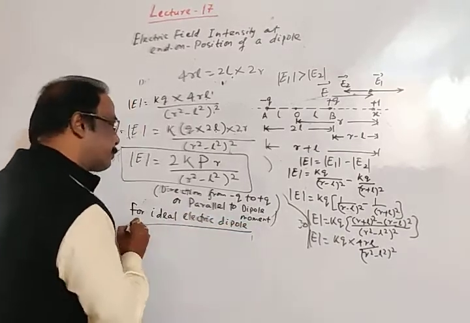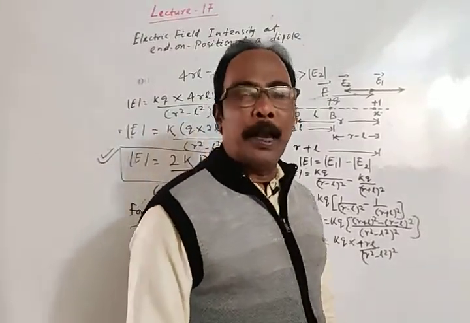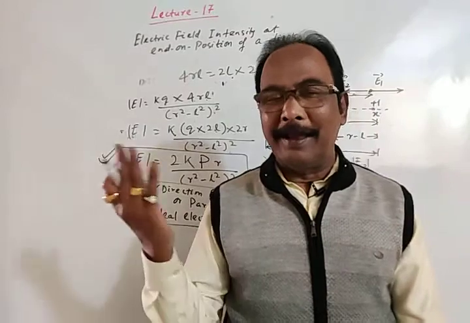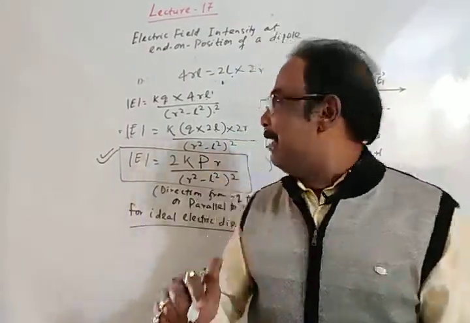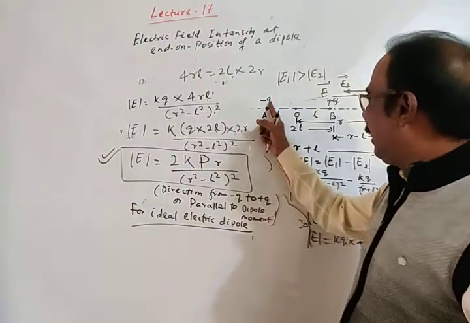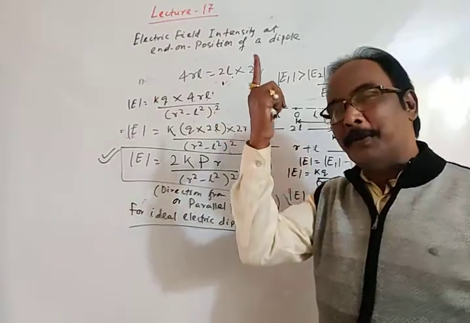as we have discussed, generally an electric dipole consists of two equal and opposite charges separated by a small distance. But for an ideal electric dipole, the charge tends to infinity and the distance between the two charges, 2L, tends to 0.